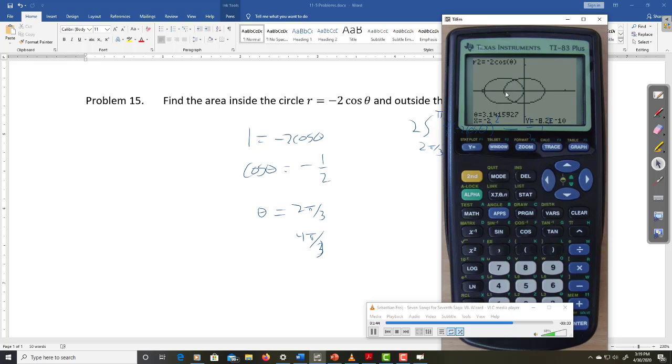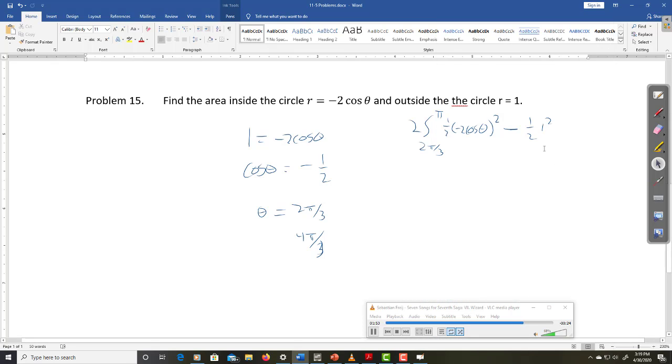Yeah, this formula is just r equal 1. So from there to there. I guess it's not even really a quarter of a circle, so it's probably simplest just to do that. You can pull out the 1/2 and cancel with the 2. So it's just the integral from 2 pi over 3 to pi of 4 cosine squared theta minus 1.